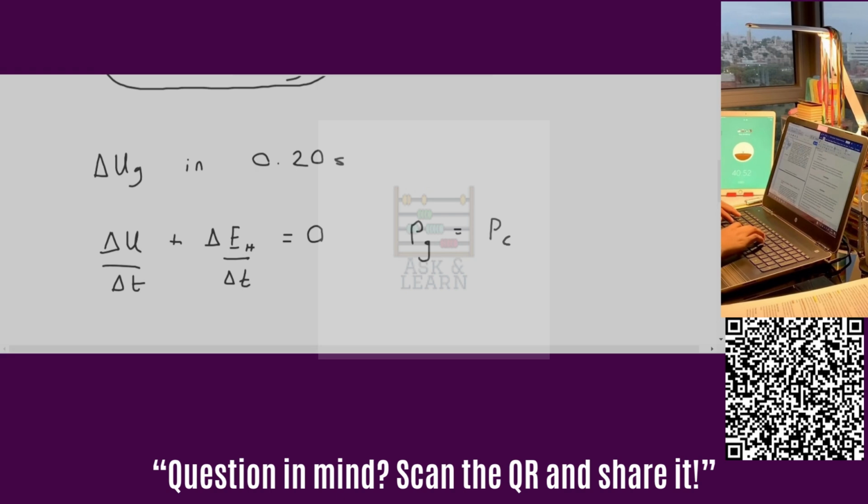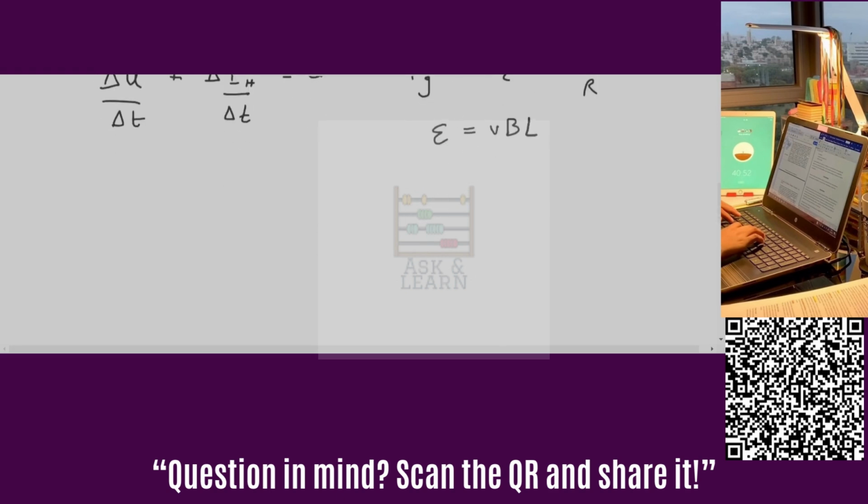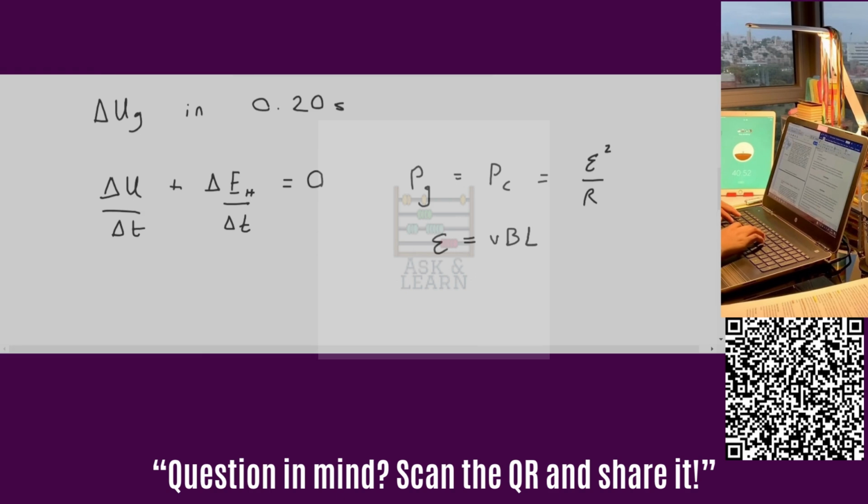And of course, the power dissipation in our circuit is just going to be the EMF squared over R, where the EMF is just the motional EMF, right? So again, which is equal to just V times B times L. And the reason we wanted to express this in terms of powers like this, in terms of energy per second, is because we're given a time here.